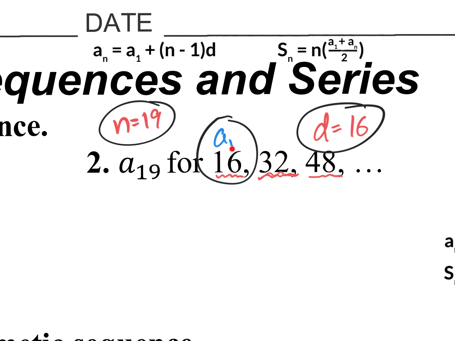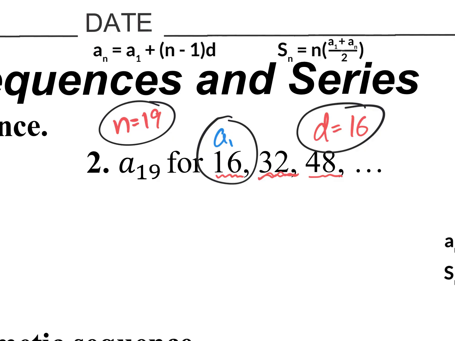But the a sub 1, we could plug it in right there, and we could also plug it in right here. So far, both of them are good. But where could you plug in that common difference of 16? Not here, only here. So just by getting the information and seeing where do all three fit, right? They all fit on this one. So that's why we're going to use the a sub nth rule on this one. Regardless of what they're asking for, that's the only one you could use right now, okay?